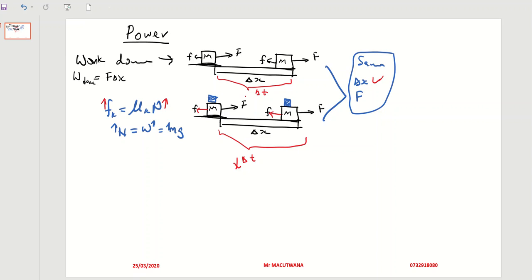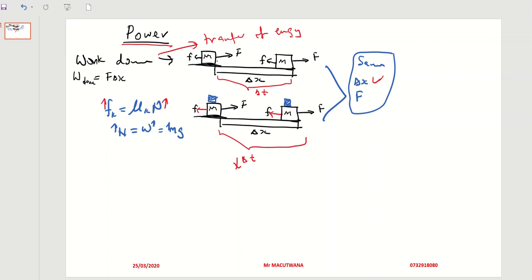So this understanding of trying to check how time affects this system brings us to something which will be known as power. Now power has to do with energy transferred, because as I said, when work is done, it means there is a transfer of energy.